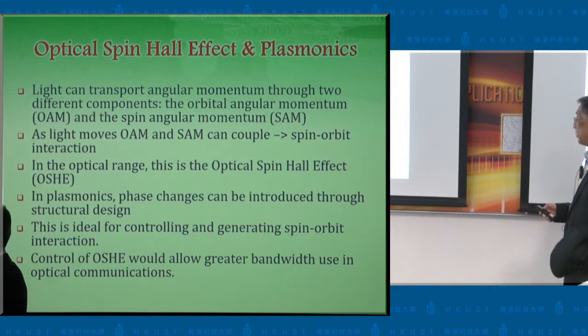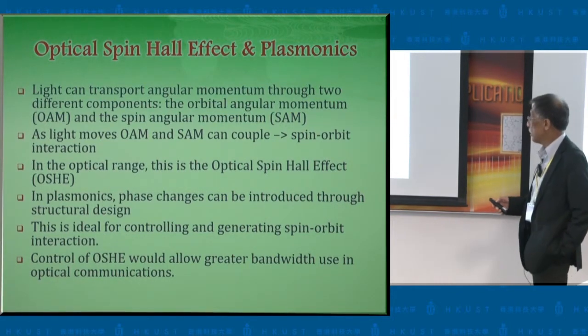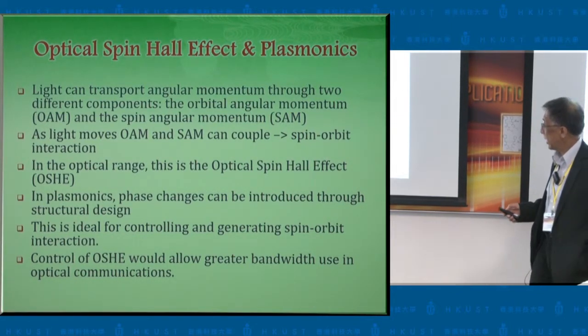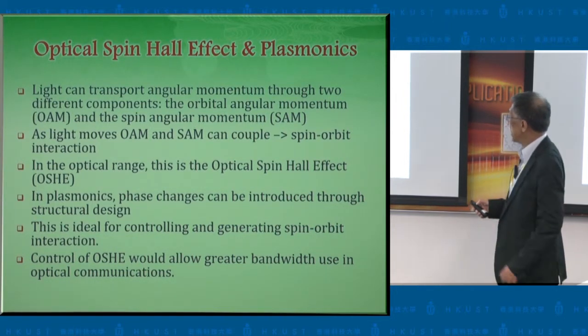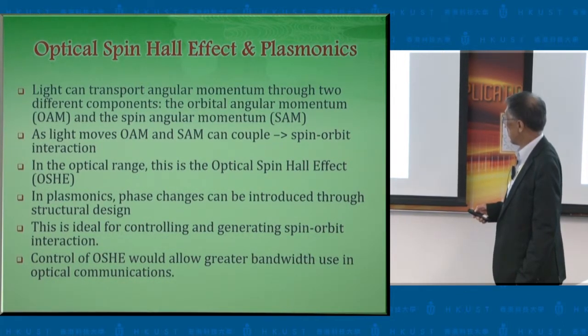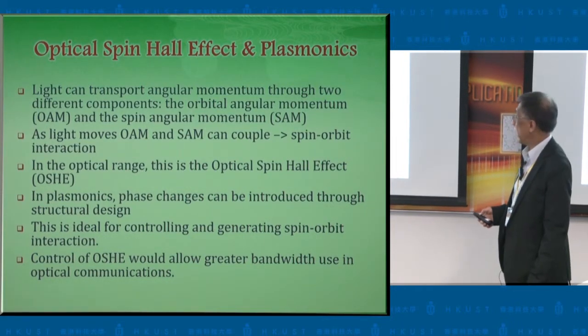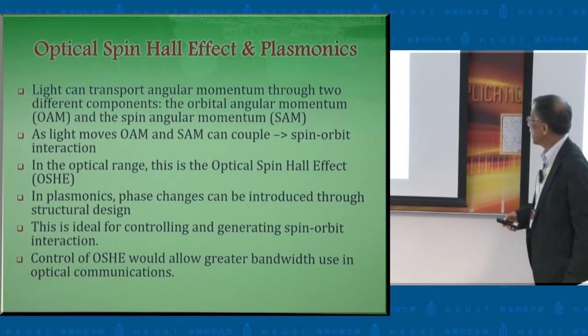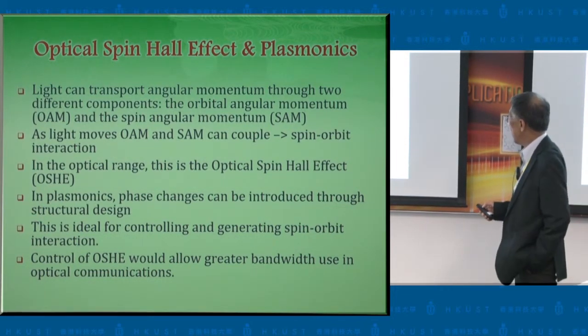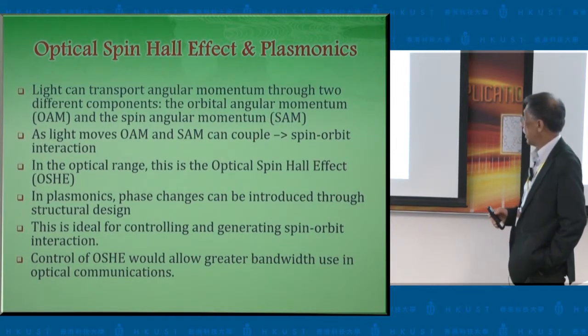Within the optical range, that's normally known as the optical spin Hall effect, or SHE. If you do some structural design, and within the optical range we use plasmonics, then you can introduce some phase changes that way, and so control the generation of the spin orbit interaction.